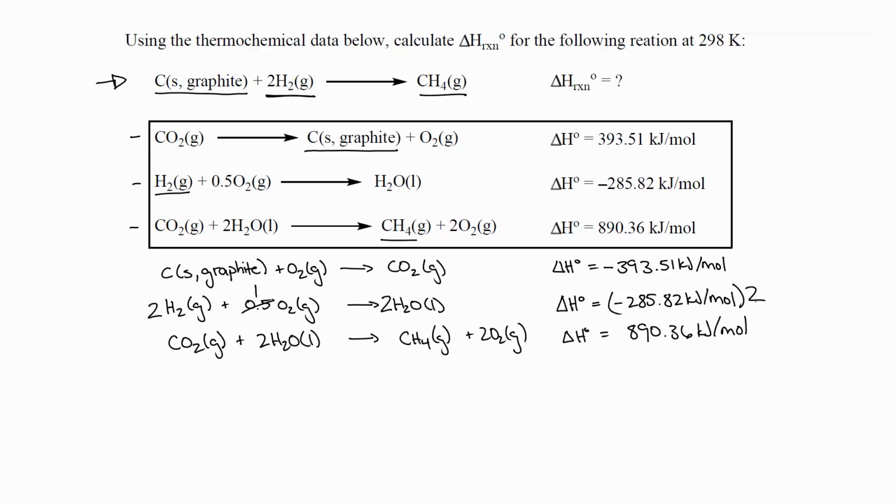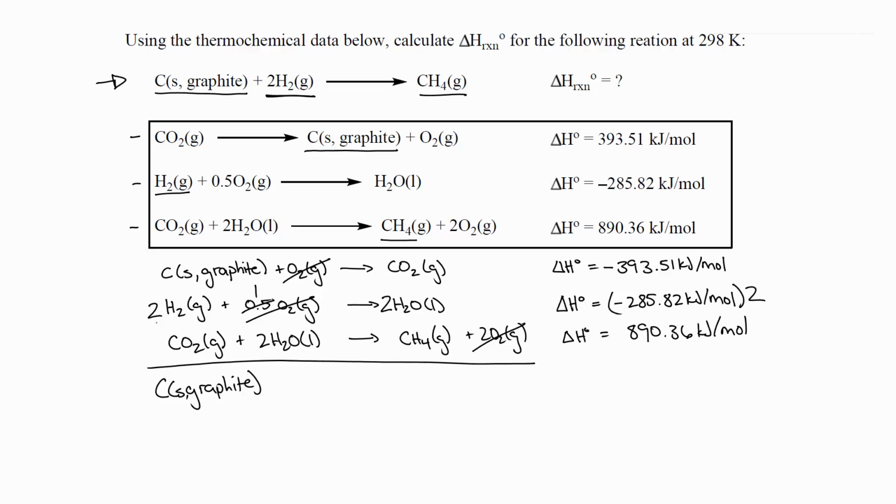Okay, so now I'm going to add up the reactions and see if it cancels out to the correct overall reaction. So on the left we have carbon as solid graphite. Next I have an O2 gas, which will cancel out with one of the O2 gases in the products on the right, and the other one will cancel out from here, so there's no net oxygen.